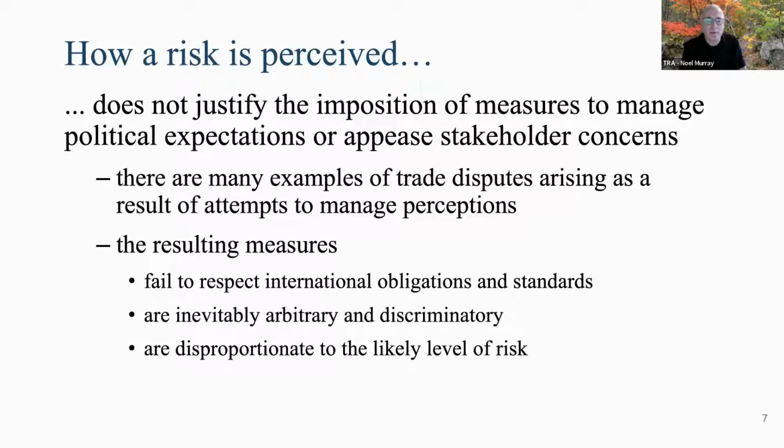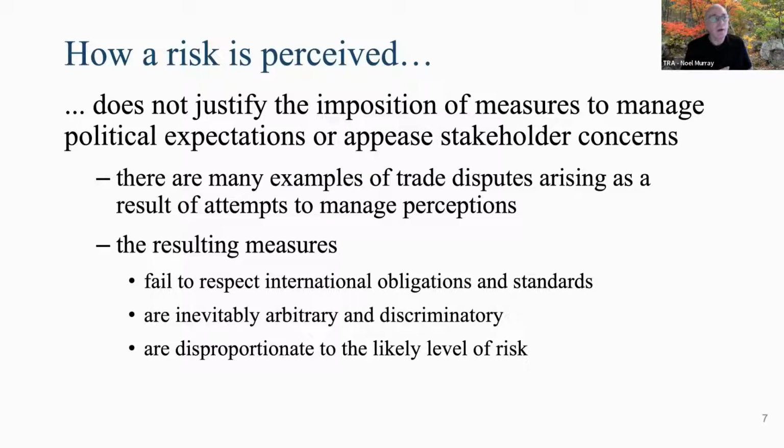And that was really driven by perception. There was a lot of fear about mad cow disease, I guess, in the public domain. A lot of political pressure to prohibit or ban Canadian beef. But unfortunately, that wasn't supported by a transparently documented risk assessment.